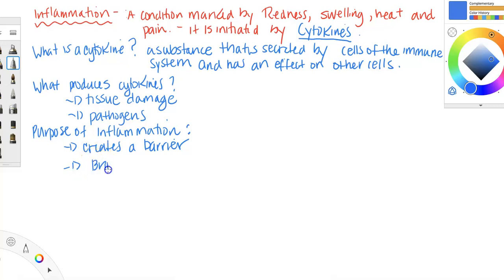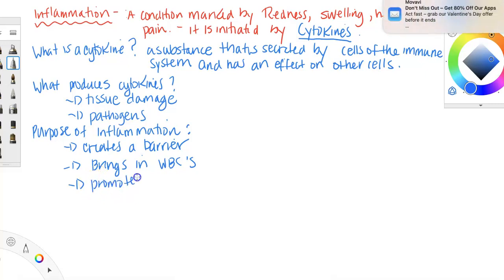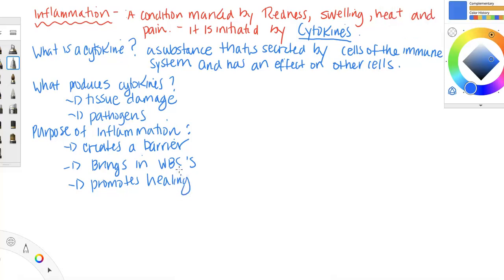It brings in white blood cells, which are the ones that do the cleaning up and get rid of pathogens. And it promotes healing. So it's pretty important, inflammation.